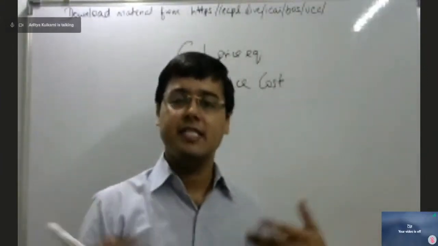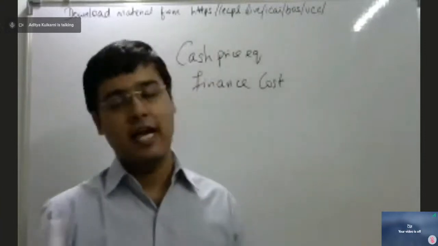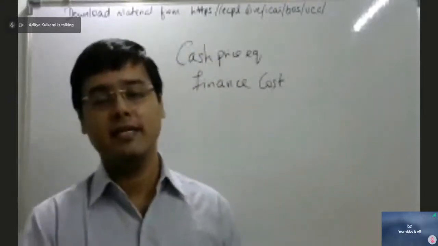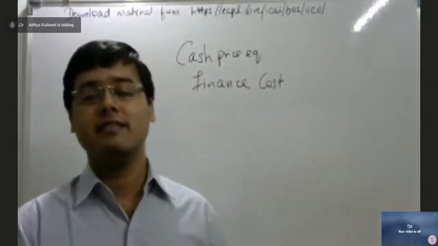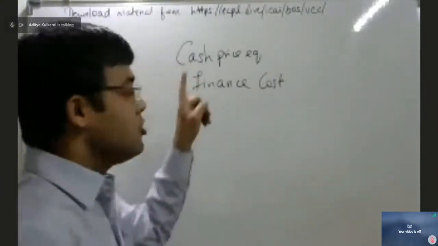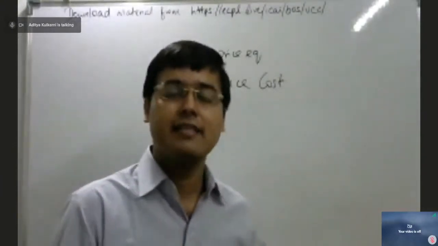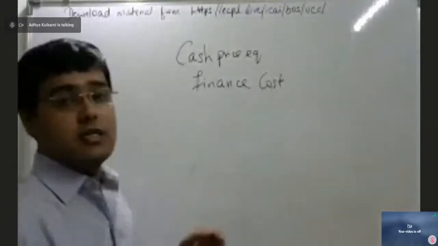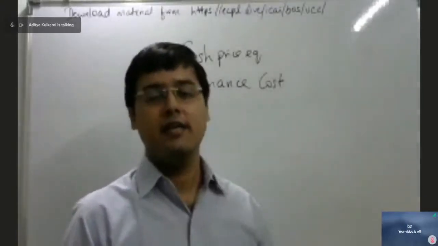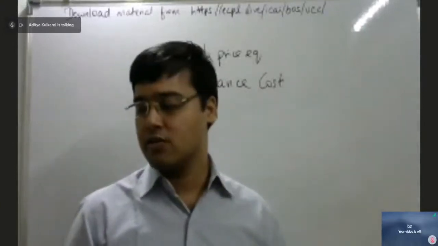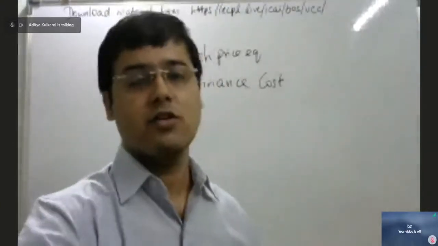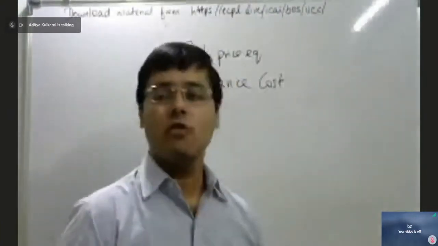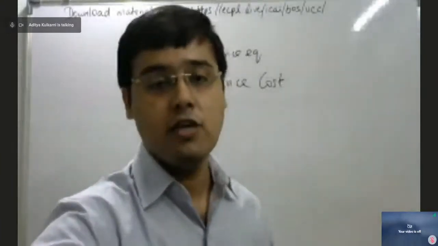So when payment is deferred beyond normal credit terms, the standard tells us that there is a financing element in the transaction, and because of it you have to book the investment property at the cash price equivalent. That means today's value, and the balance excess amount is recognized as a finance cost. Is it okay? So regular acquisition is done, deferred consideration is done. Both are terms that you are already aware of.